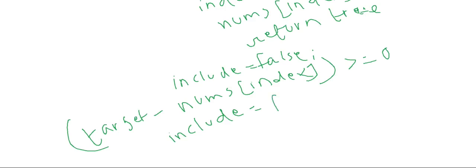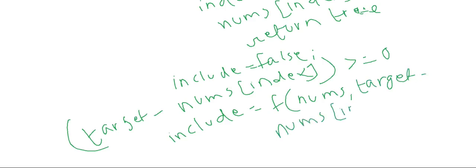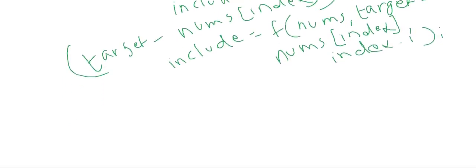So include is equal to a recursive call with nums and target minus nums of index, and our index will be index minus 1, right? Because we are including that element, we need to subtract it from the target and do index minus 1.